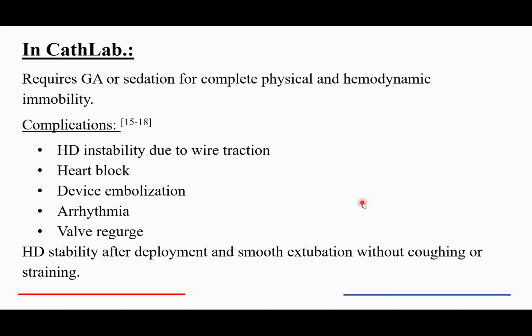Also valve regurgitation from the device may impair the tricuspid or the mitral valves. We want hemodynamic stability after deployment and smooth extubation without coughing or straining. For all these reasons, I prefer general anesthesia with VSD closure.